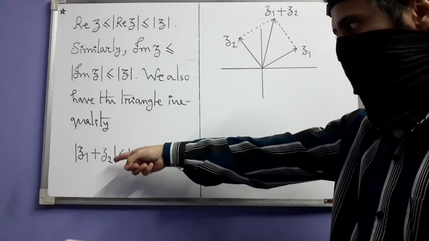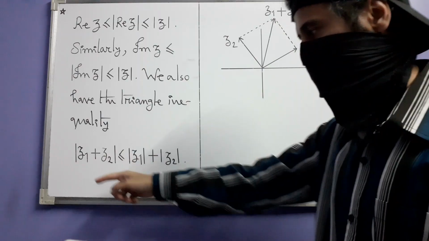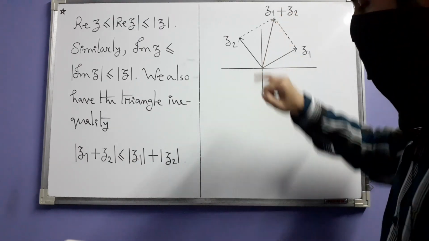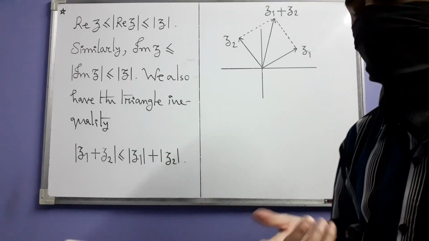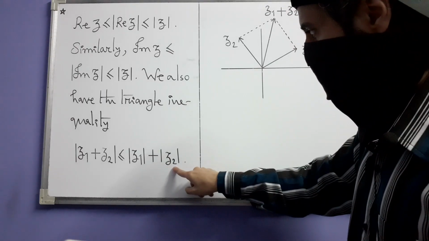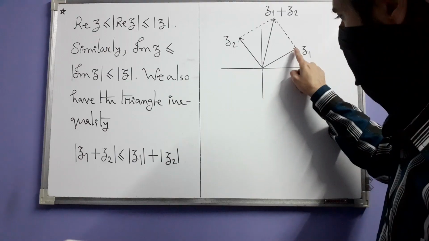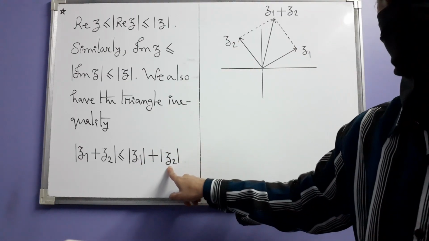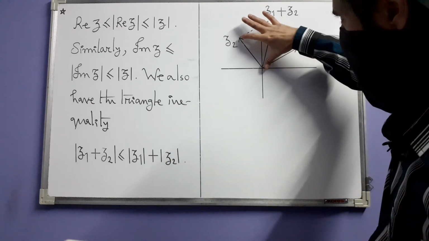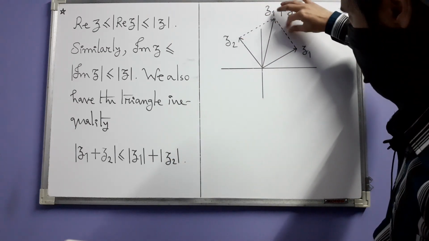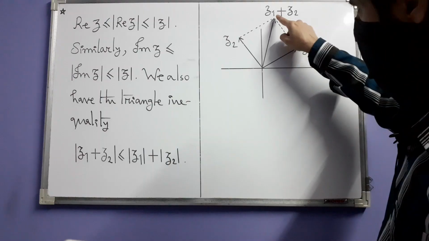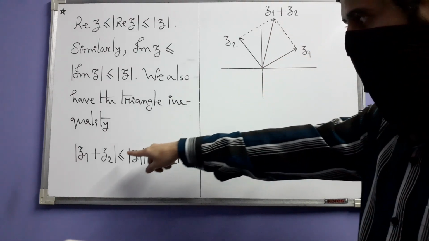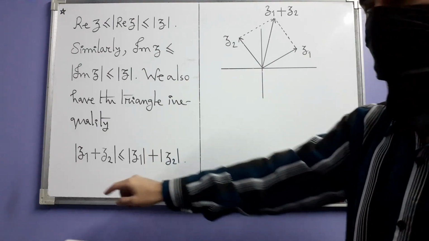And now you look at the inequality. The left hand side is nothing but the magnitude of this vector, or the length of this diagonal, and the right hand side is what? This length, which is mod z1, plus this length, which is mod z2. But this mod z2 is also equal to this length. So the triangle that you have here has its side lengths in the inequality.